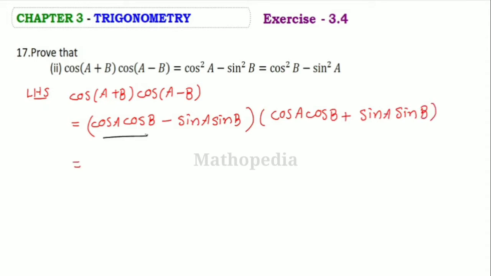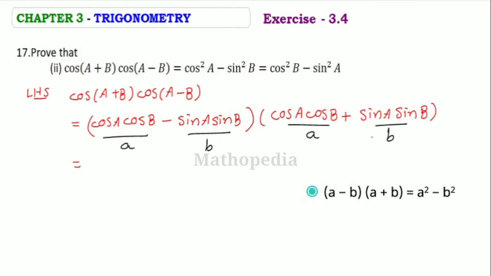Now take cos A cos B as a and sin A sin B as b. So this is of the form (a−b)(a+b), which is equal to a² − b².